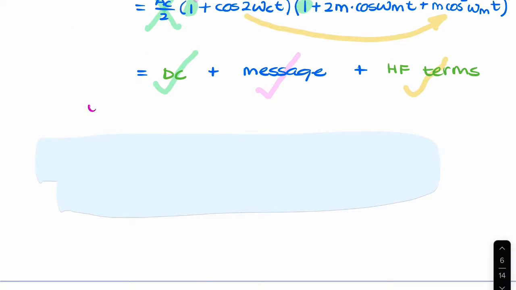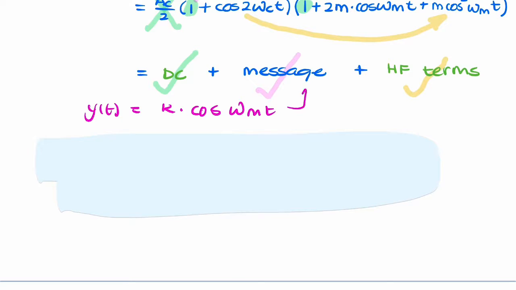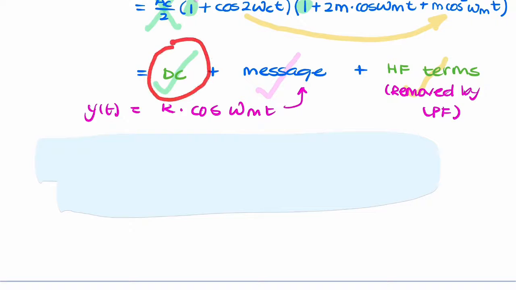So you can say y of t will be some constant times cosine omega m t, which is your message. So high frequency will be removed by the low pass filter, and the DC term isn't a problem, that can be removed by a capacitor.